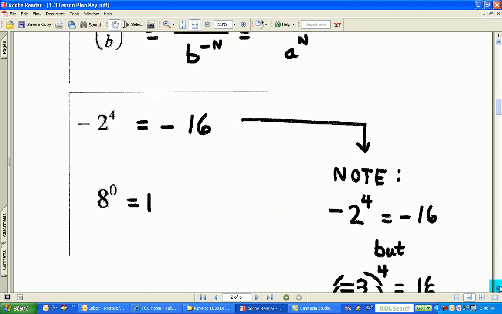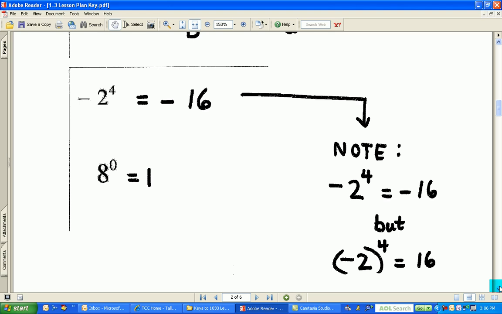All right, a couple more. This problem is a little tricky because a lot of students get this wrong by telling me the answer is 16. No, we don't want the answer to be 16. And here's the reason. This problem does not say negative 2 to the 4th power. Negative 2 would have to be in parens to be read negative 2.